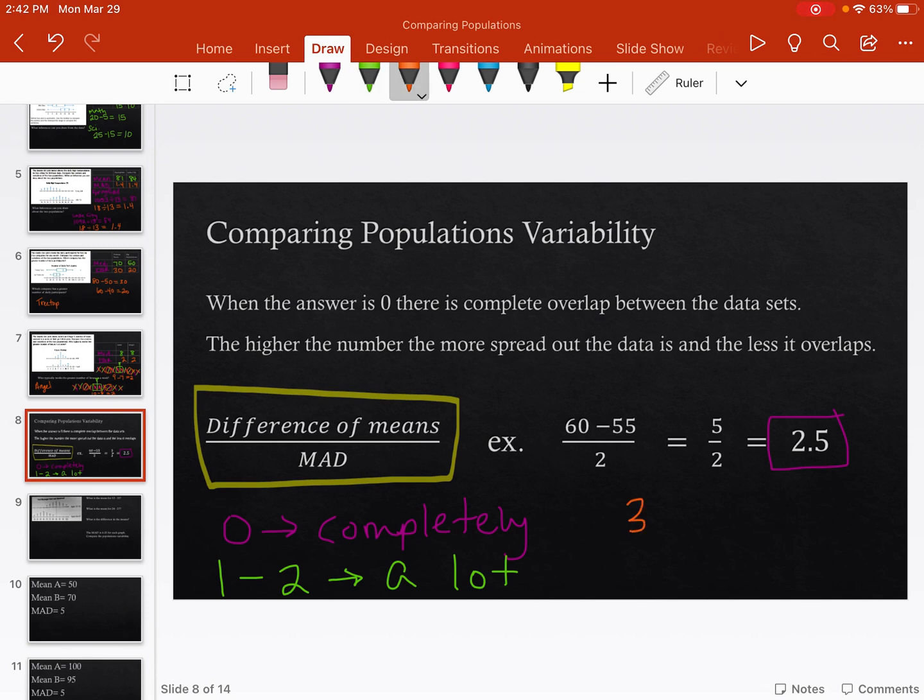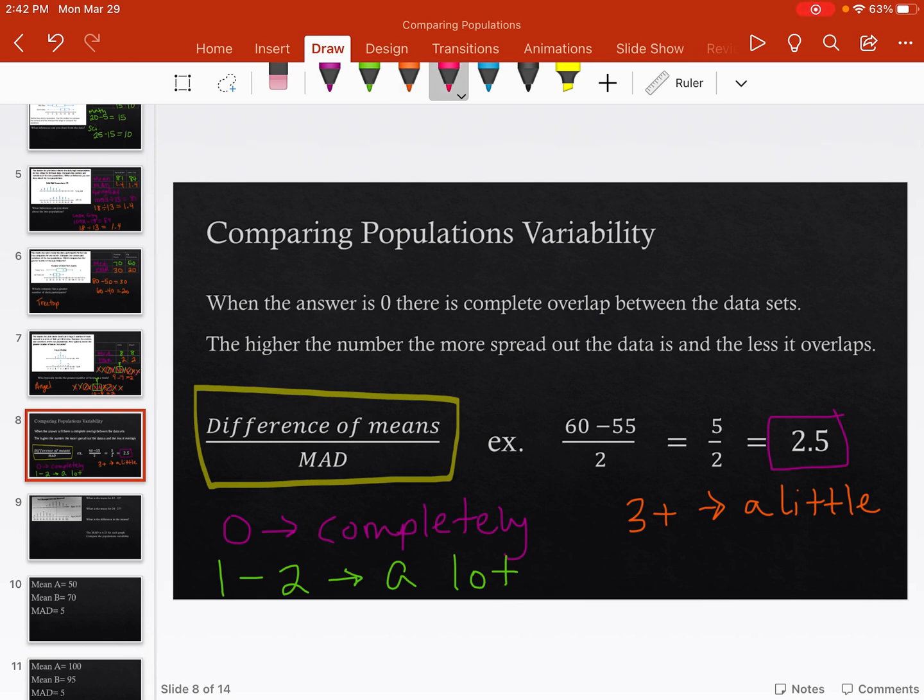If you get a 3 or more, this is when I start to say it overlaps a little. Generally that's when a little less than 50% of it overlaps. And notice I'm saying plus, like it can go on and on. There's not exactly a set number where once it hits 10 or whatever, it's not overlapping at all.